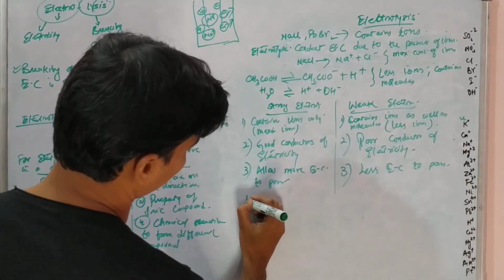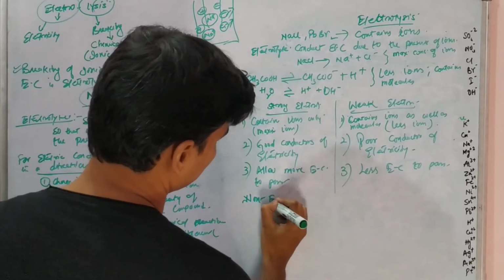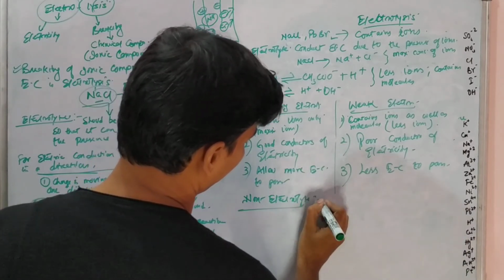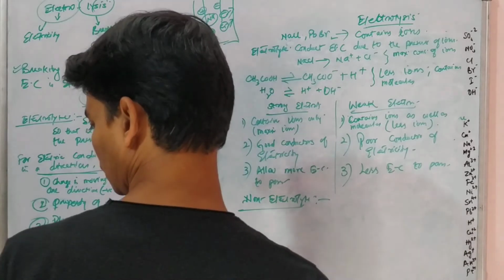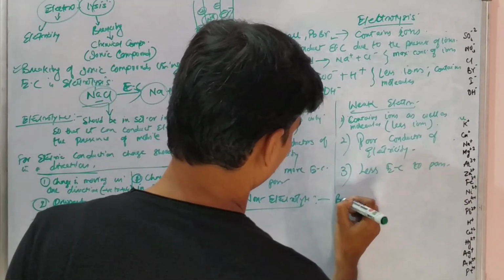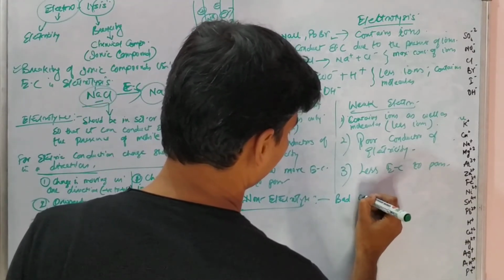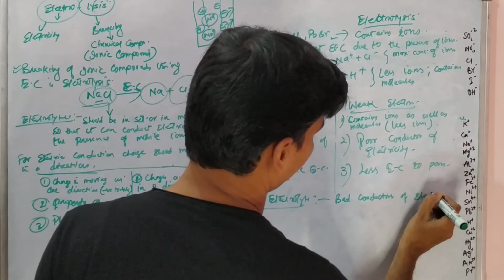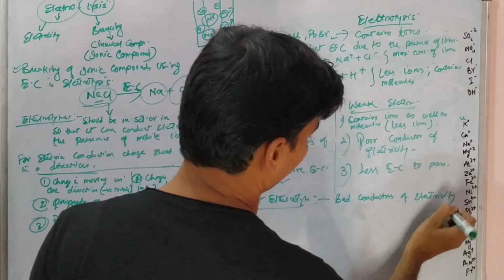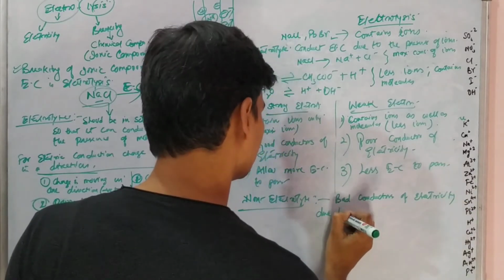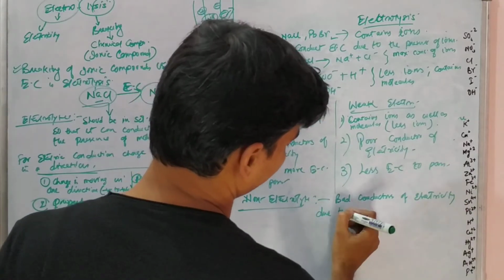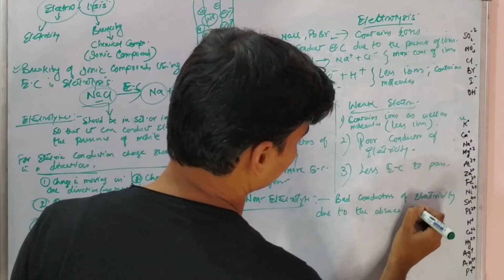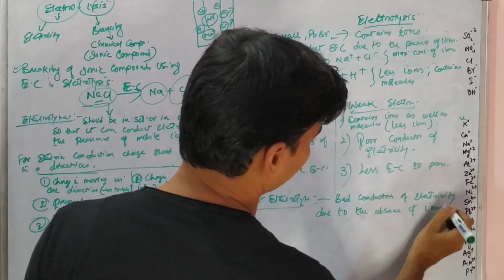So we have something called non-electrolytes, which are bad conductors of electricity due to the absence of ions, right?